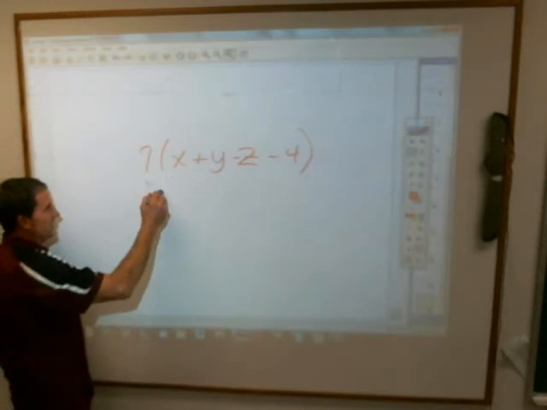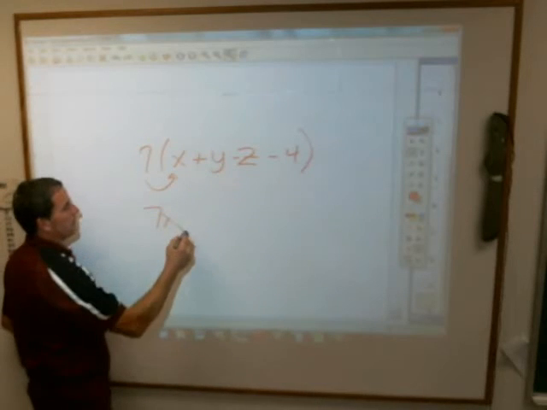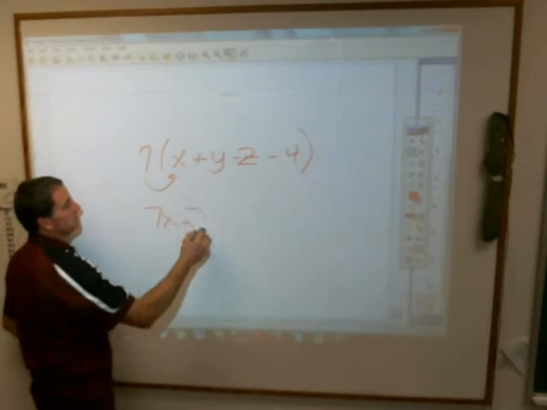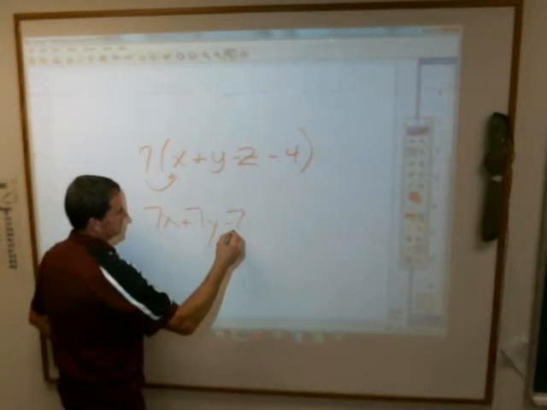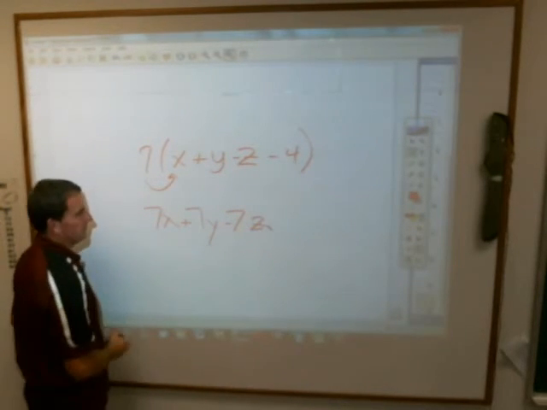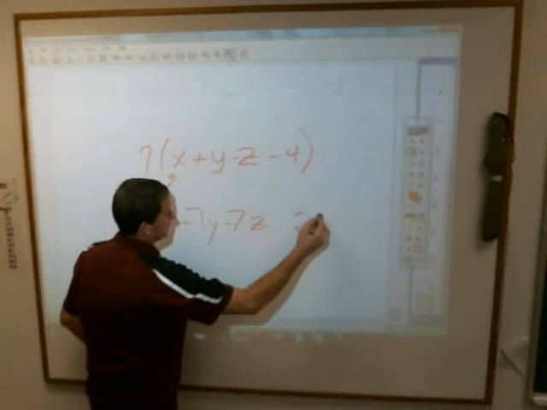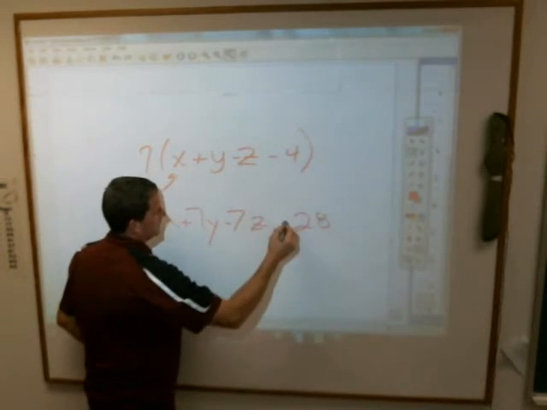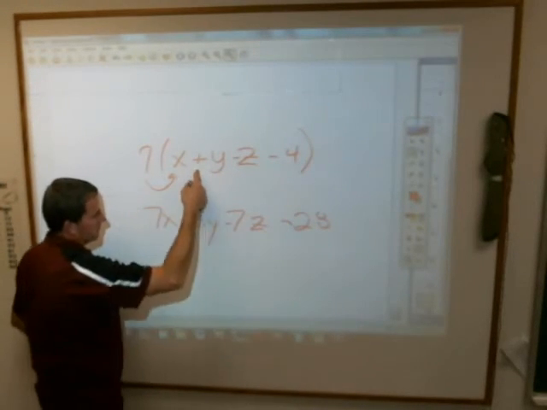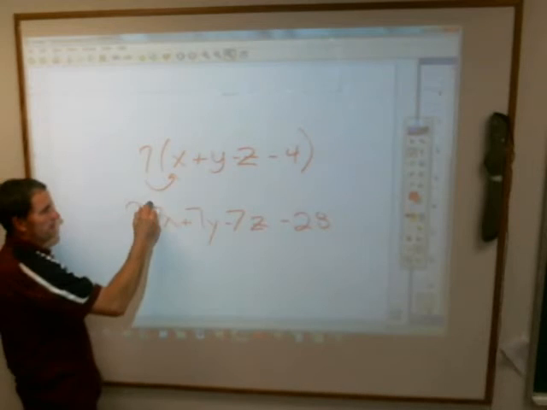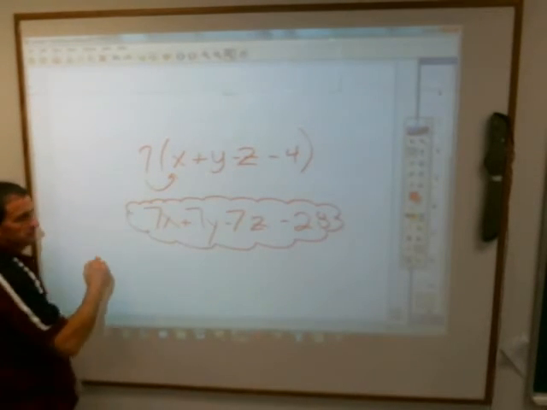What's 7 times x? 7x. What's 7 times y? 7y. What's 7 times minus z? Minus 7z. And what's 7 times 4? 28. And that's a minus because it's a minus. These are minuses, these are pluses. This would be the whole shooting match there.